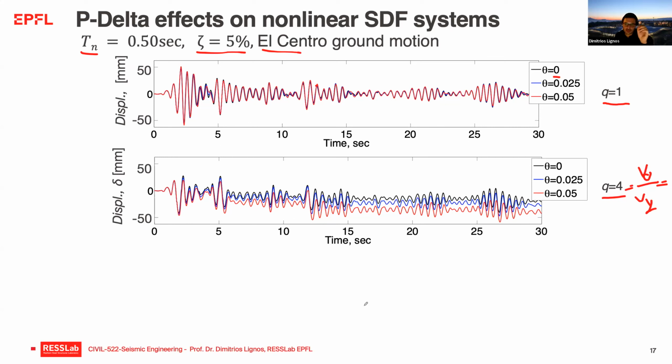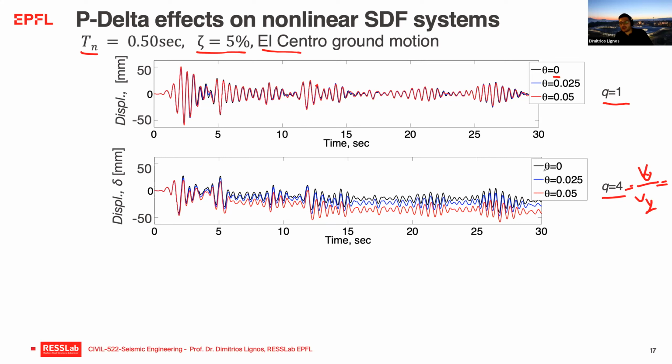So what this means is that I am designing a system that I will allow to be nonlinear, and the strength that I will have will be 4 times smaller than the corresponding design strength of the equivalent linear system.